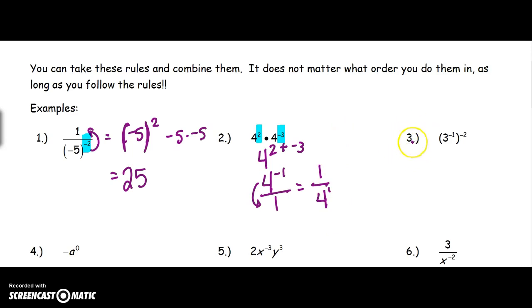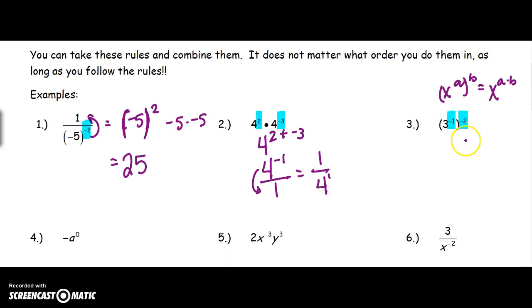In example 3, we now have a power of a power, but both of them are negative. So if you think back to power of a power rule, it's where we have our value being raised to another power. And what we do is we multiply. What is -1 times -2?